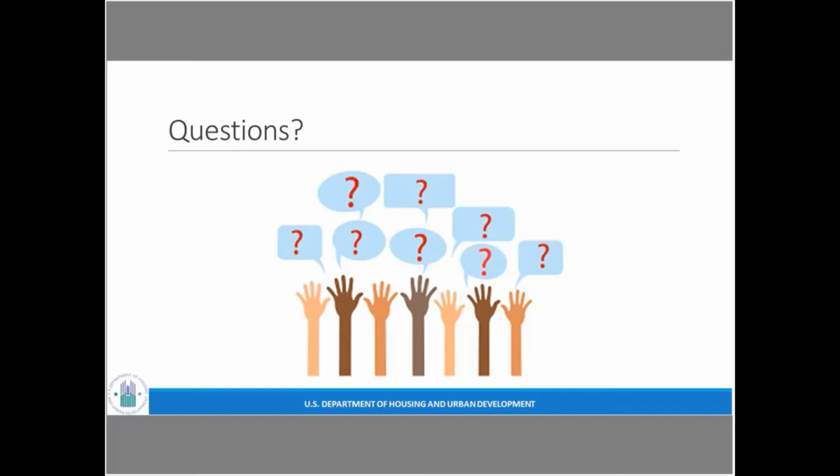So after HUD approves the conversion and the housing authority applies for and receives the tenant protection voucher award, they can issue the notification to families: here's a TPV, you have tenant-based assistance, you can move off-site, we'll pay your moving expenses, we'll provide mobility counseling, we'll help you find a unit.